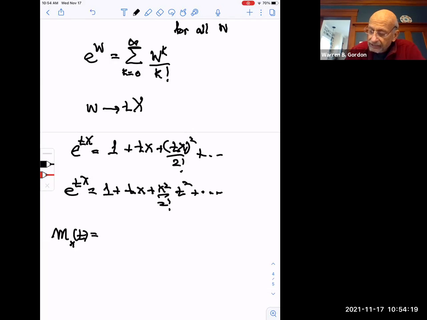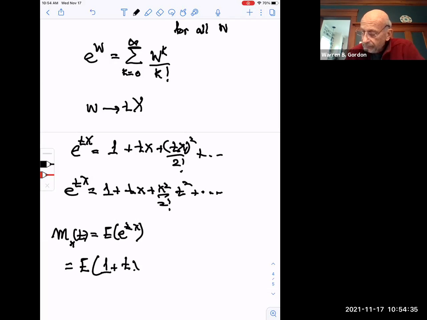Remember, this is defined to be E of e to the tx, the expected value of e to the tx. So this becomes E of 1 plus tx plus t squared x squared over 2 factorial, and so on.